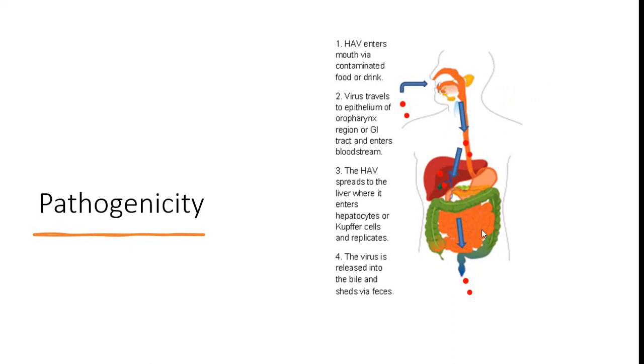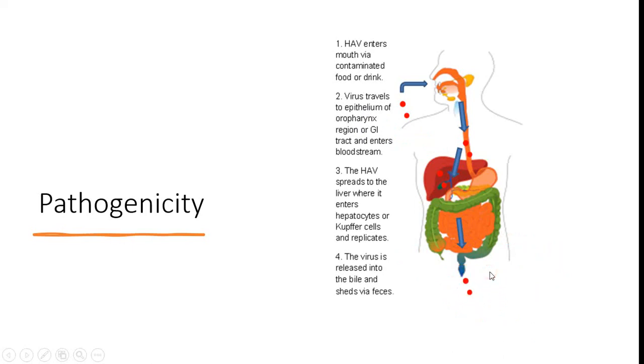From the blood it goes to the liver, where it enters the liver cells, the hepatocytes. Ultimately, it's going to get into the Kupffer cells and infect the bile. Once it gets in the bile, it's going to be excreted through the normal processes, and it's going to be found in the feces.